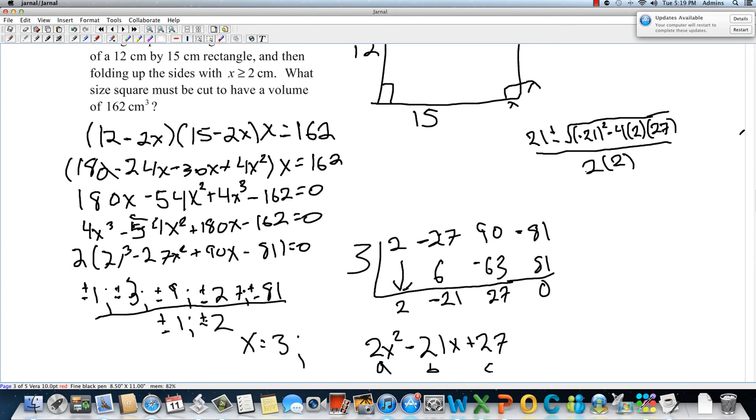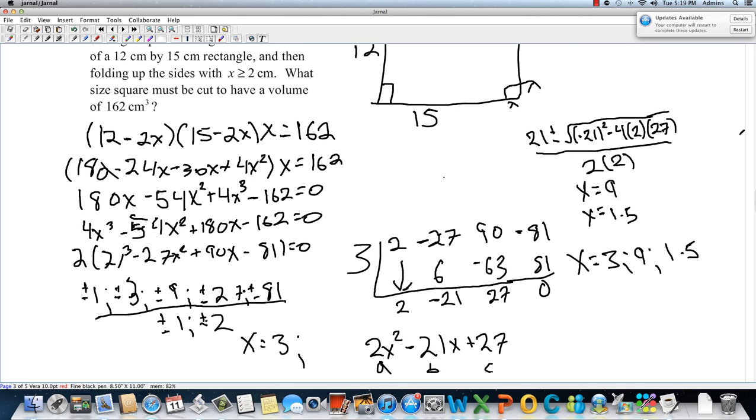First we'll do addition, and we will end up with x equals 9. And then for the subtraction one, we will get x equals 1.5. So the 3 values we have for x now are 3, 9, and 1.5.